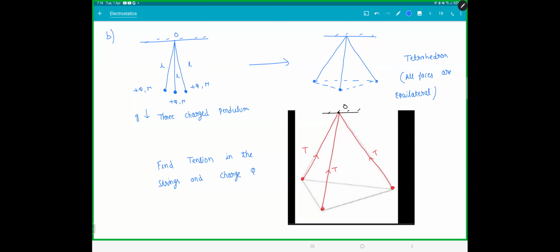Let's try. Anyone didn't get the diagram, not convinced what is happening, please ask me. Question should be clear.